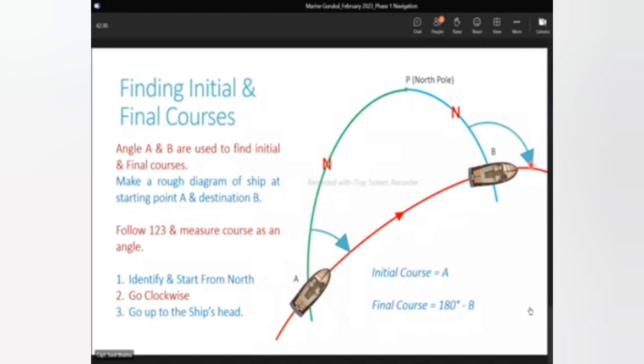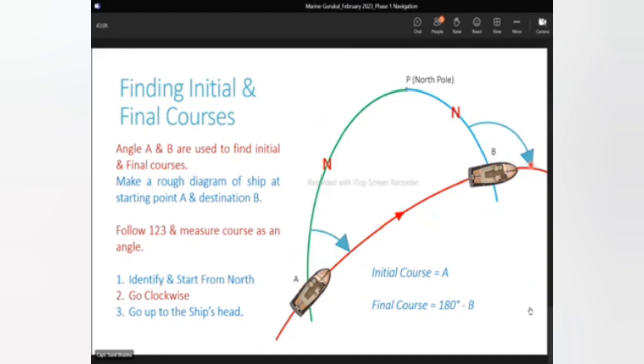Now, just as on a straight line, if you pick up any point on a straight line and you measure the angle of that straight line, it will always come to 180 degrees. 180 degrees is also known as a straight angle. So at any point of a line, if you measure the angle, it will be 180 degrees.